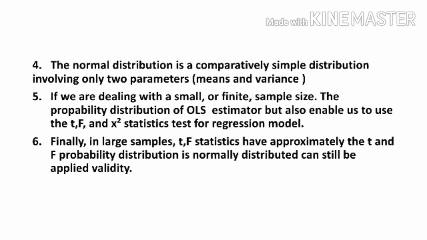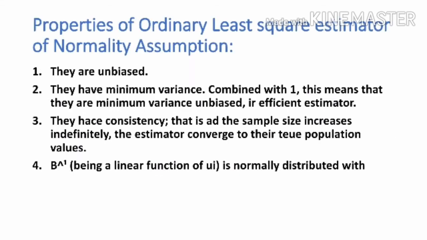Fourth, the normal distribution is a comparatively simple distribution. If we are dealing with small or finite sample size, the probability distribution of the OLS estimators is needed. Finally, in large samples, the t or F tests are approximately valid if the distribution is normal.